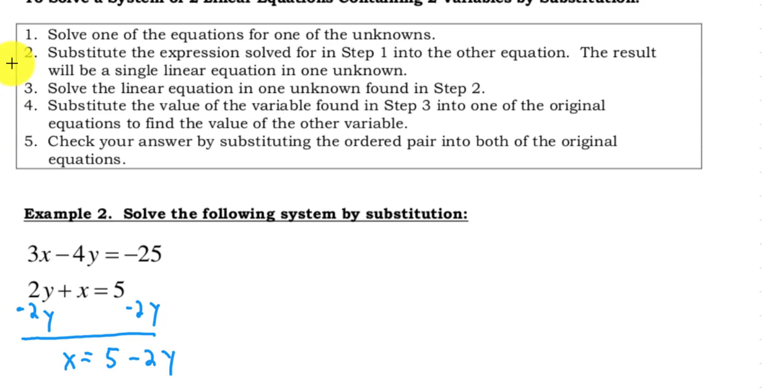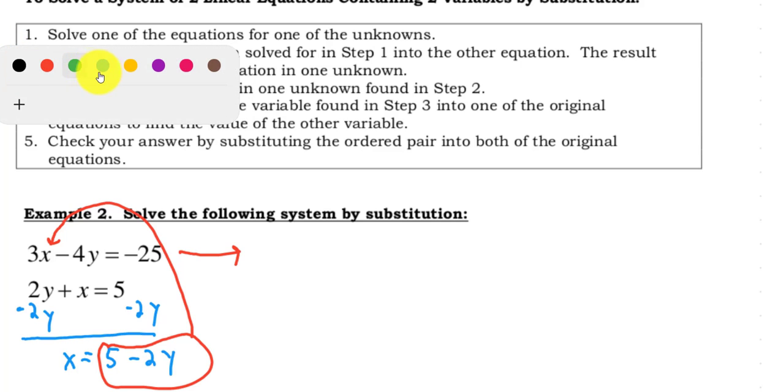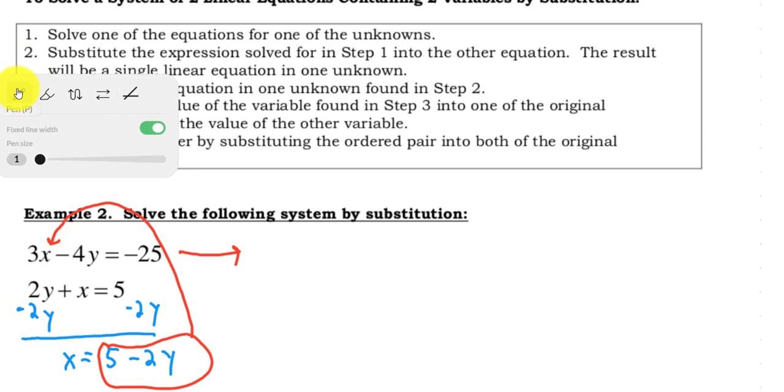Okay, now, since I know x is equal to everything I'm about to circle, right? If x is equal to 5 minus 2y, oh, that went crazy. Let's try that again. X is equal to everything I've just circled, 5 minus 2y. I can replace in the original equation x with 5 minus 2y, right? So if I rewrite this equation, let's see here, go back to blue.